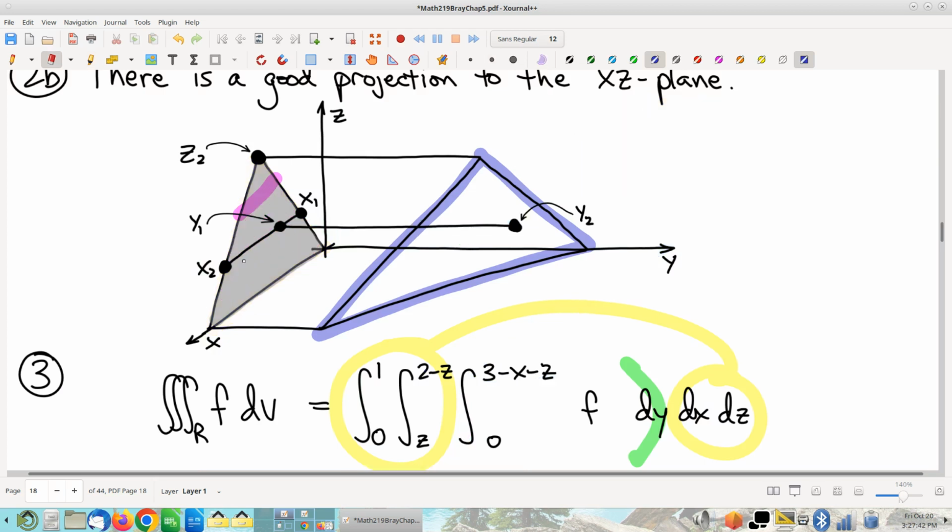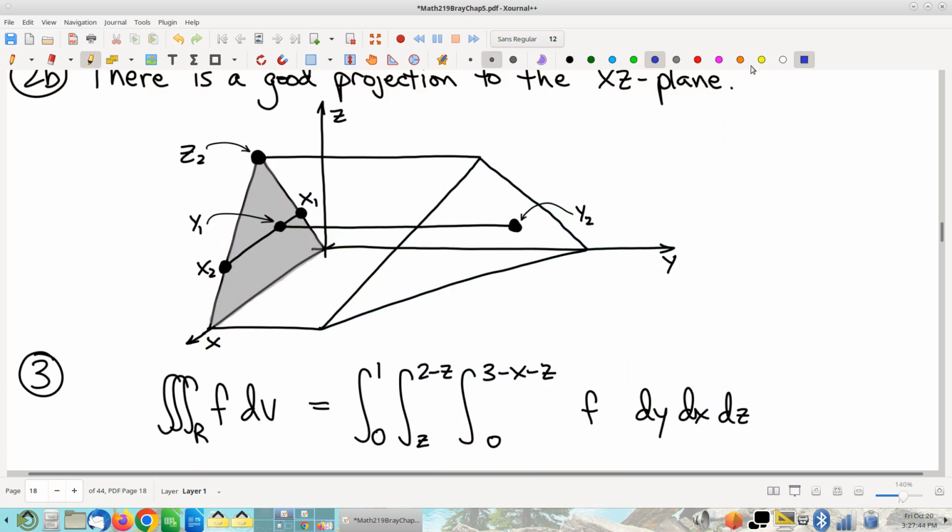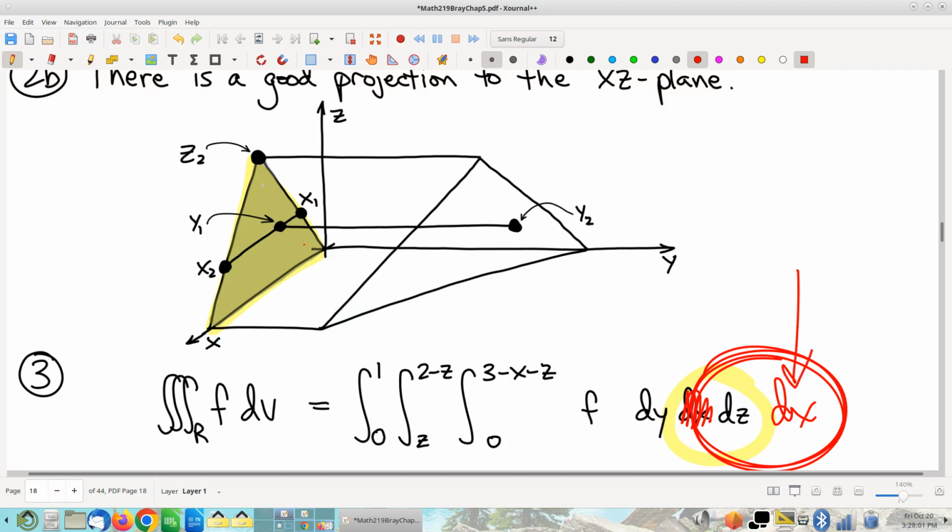I'm going to get rid of all the mess here, and again, I claim in the XZ plane we have this, right? But notice I am not slicing with dx on the outside. If I were doing it like this with dx on the outside, then you're right. My x slices would look like this, and I would hit that corner.